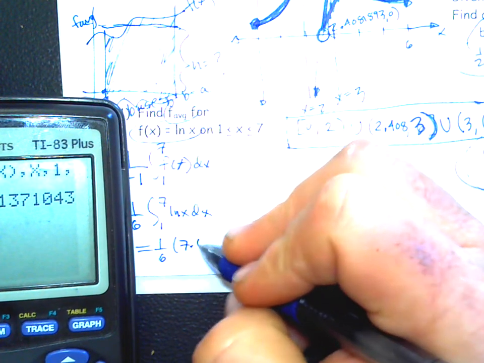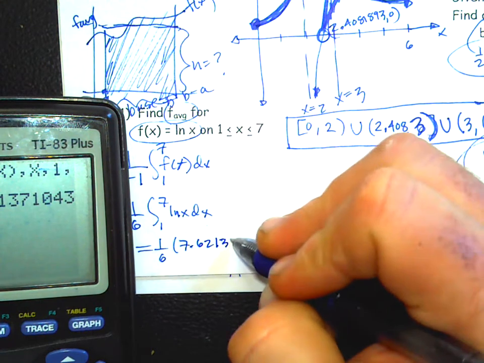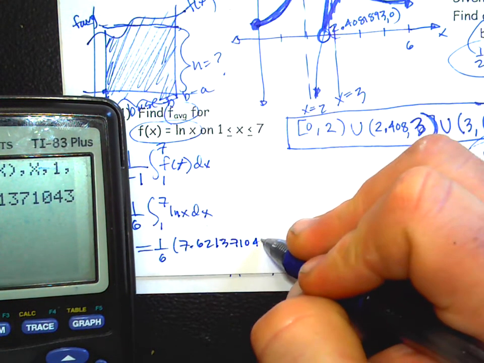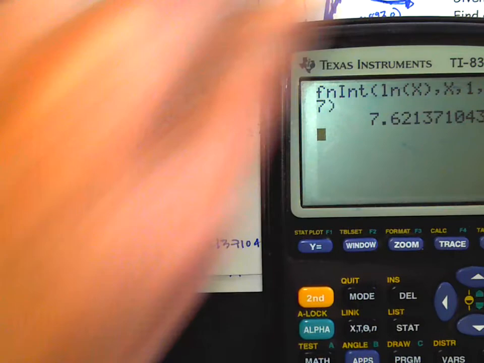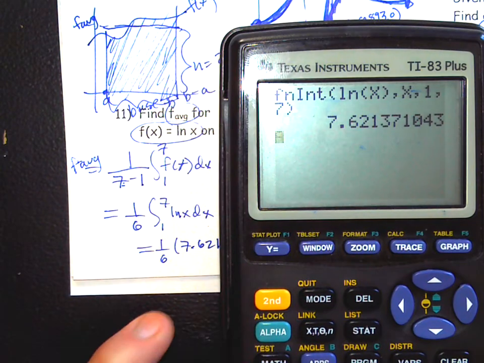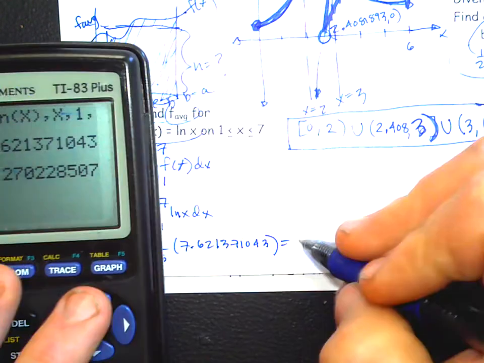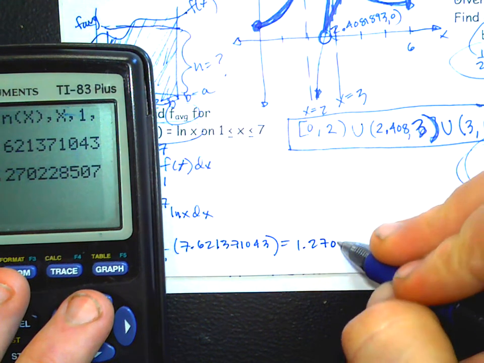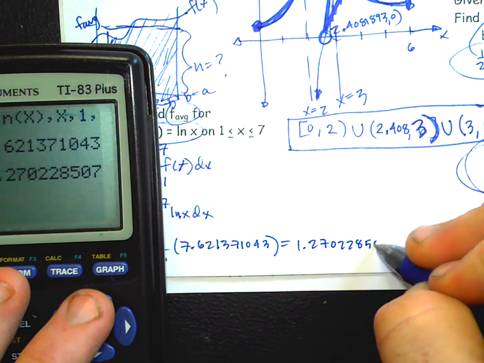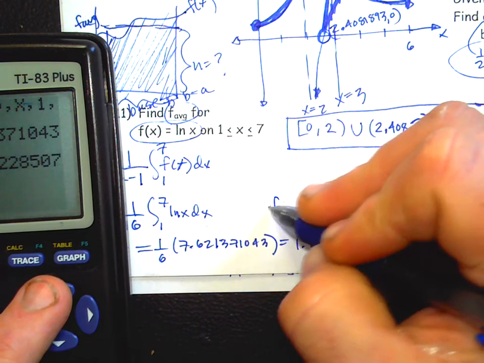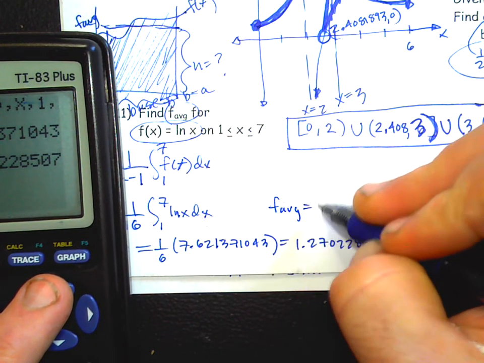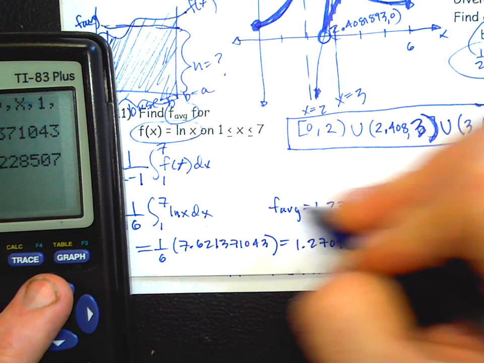You could write that down if you want, or you could just divide it by 6. So then multiply by 1/6 or divide by 6, and you get 1.270228507. So F average is 1.270, rounded or truncated, it comes out the same.